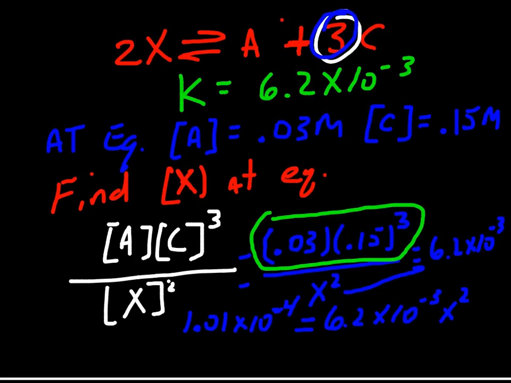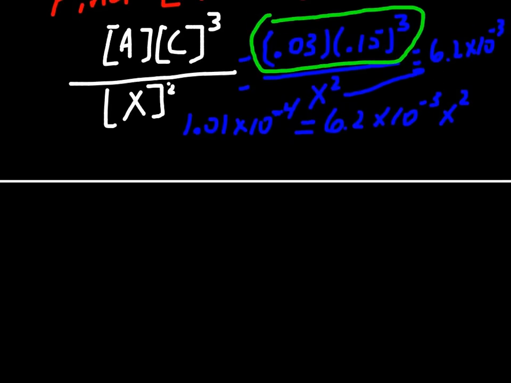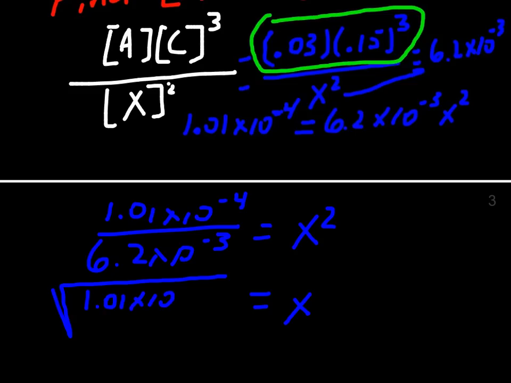So now I'm going to divide, and I'm just going to go half page. Okay, so now I'm going to have 1.01 times 10 to the negative fourth divided by 6.2 times 10 to the negative third equaling x squared. Now for a little magic of mathematics, x is going to equal the square root of 1.01 times 10 to the negative fourth divided by 6.2 times 10 to the negative third.